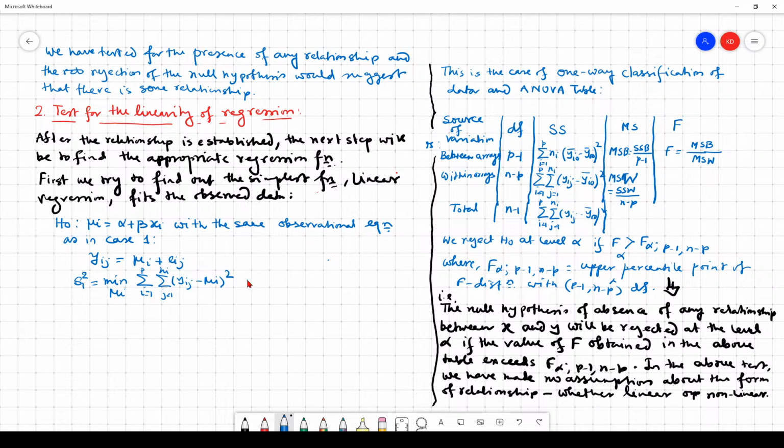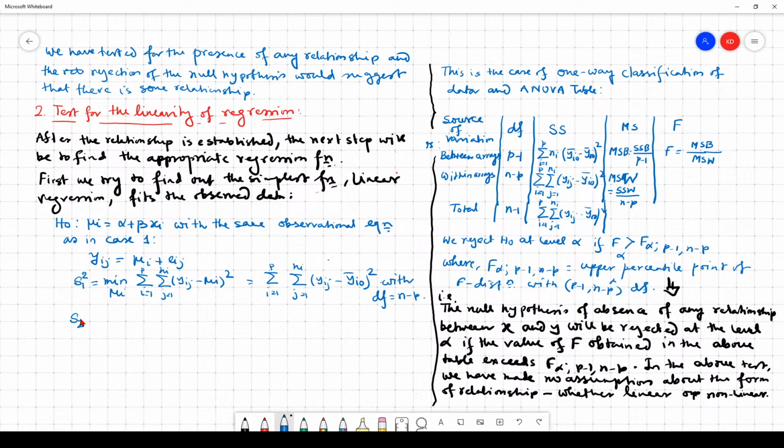And we know this is nothing but the sum over i from 1 to p, j from 1 to ni, of Yij minus Yi naught bar whole square, with degrees of freedom n minus p.